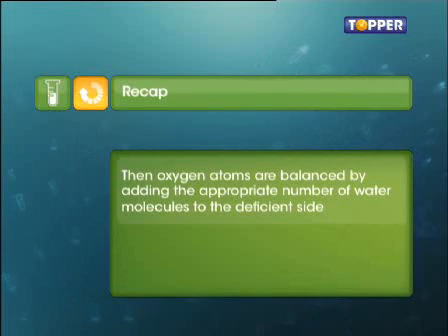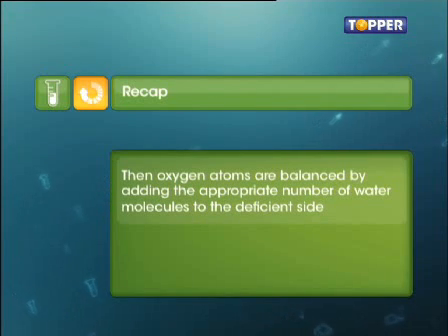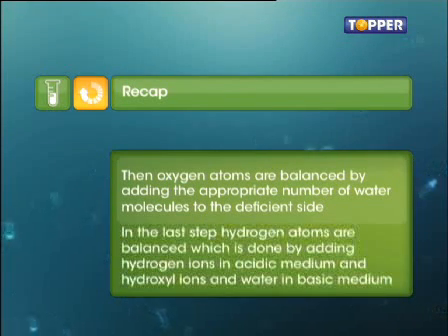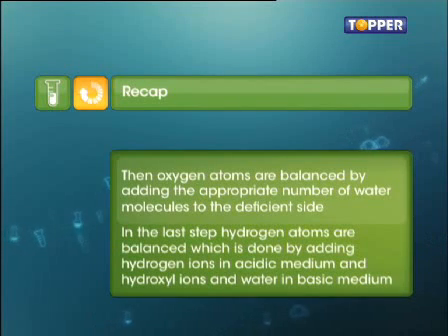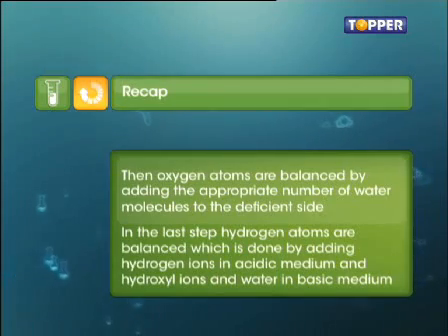Then oxygen atoms are balanced by adding the appropriate number of water molecules to the deficient side. In the last step, hydrogen atoms are balanced, which is done by adding hydrogen ions in acidic medium and hydroxyl ions and water in basic medium.